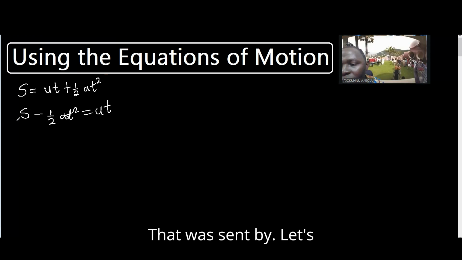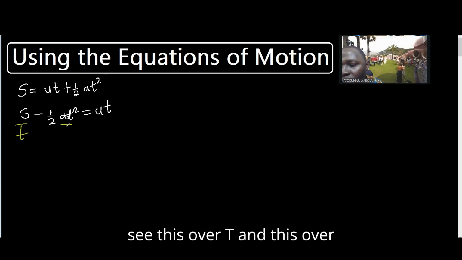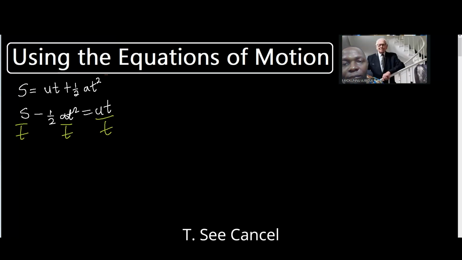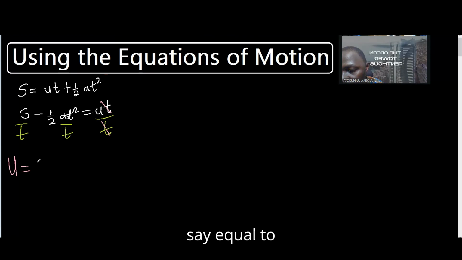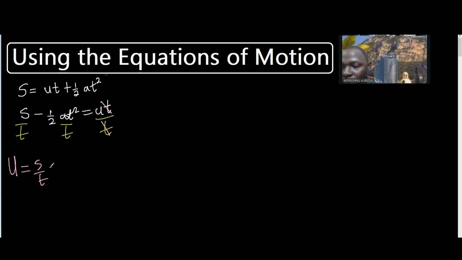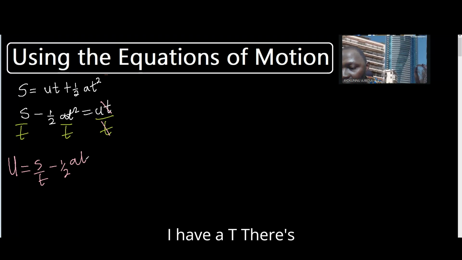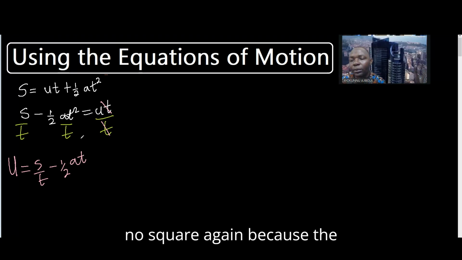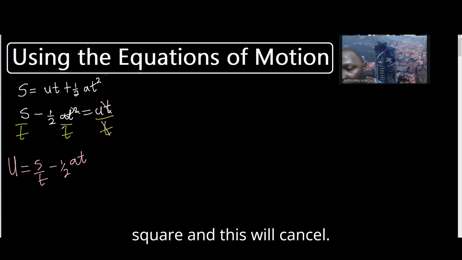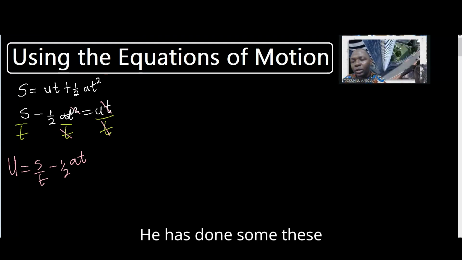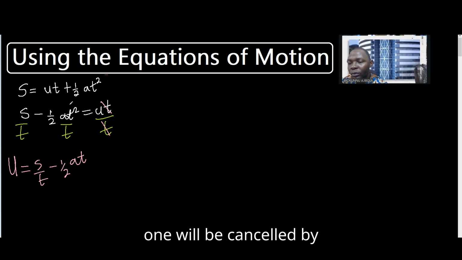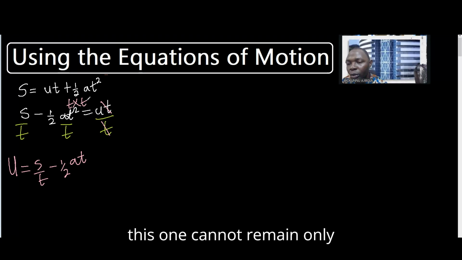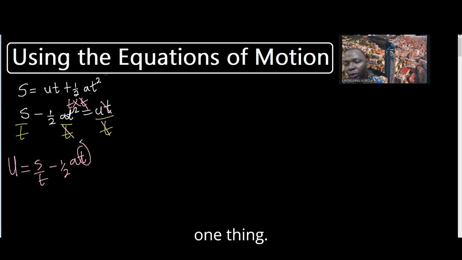So this over T, and this over T. T cancels T. So U now equals S over T minus half AT. There's no square again because this square and this will cancel. You know, T square is T times T, right? Yes, sir. So one T will be cancelled by this one. It will now remain only one T.